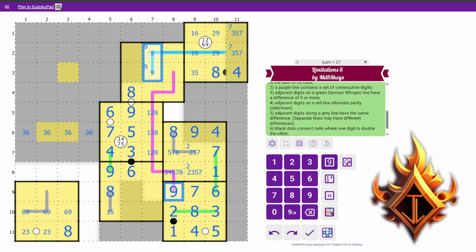A pink again. It cannot be on a pink again. So it's getting pointed to the blue, so this is 2. Now this is 9.